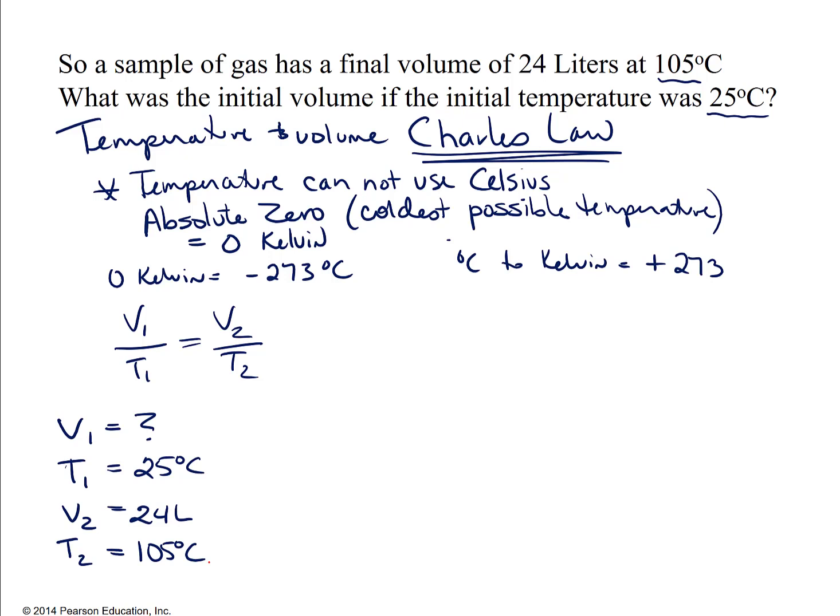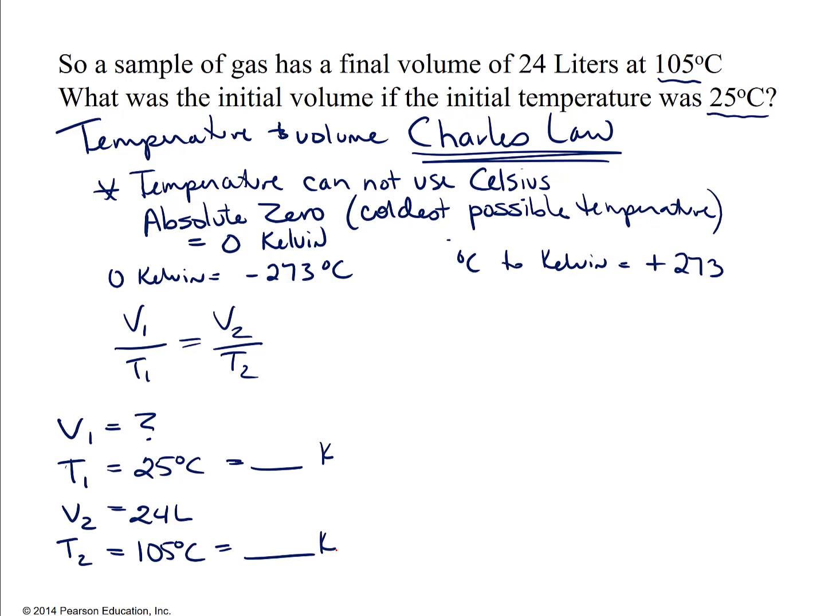Okay, so just like before, identify what each of the values is, which one we don't know. Before you go any further, convert it to Kelvin. So the temperature values, I need to go to Kelvin. In order to do that, you go from Celsius to Kelvin, just add 273.